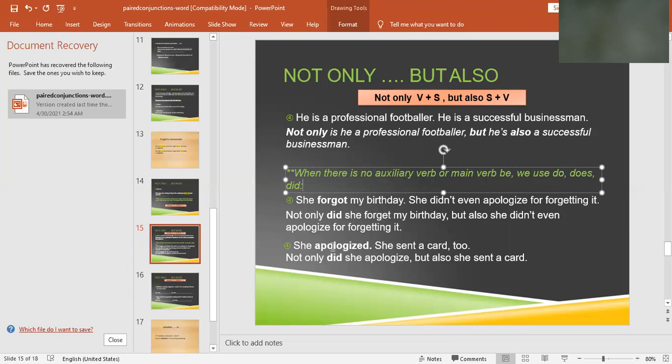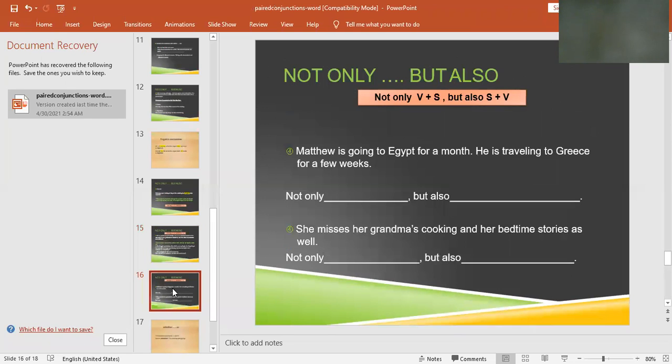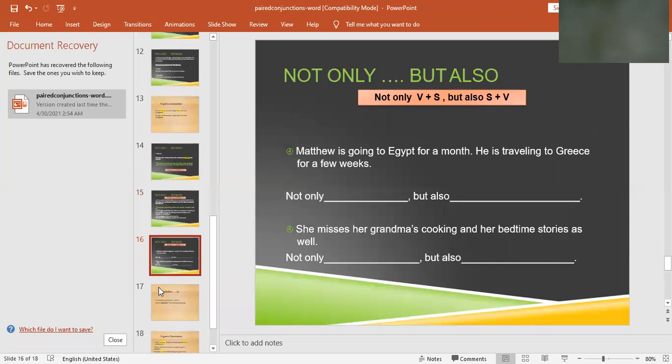She apologized, another sentence, she sent a card too. Not only did she apologize, but also she sent a card. Not only, but also. Here, this is an exercise, so you can do it.